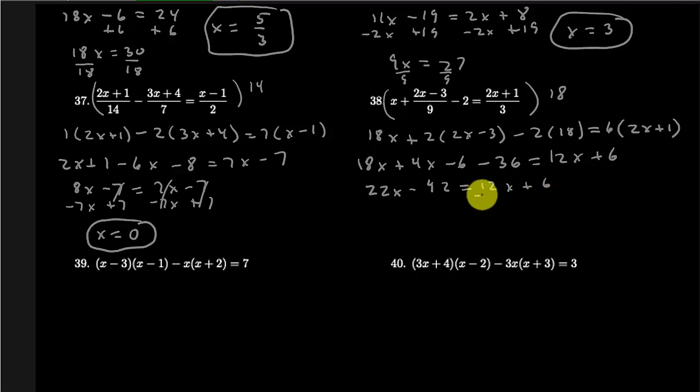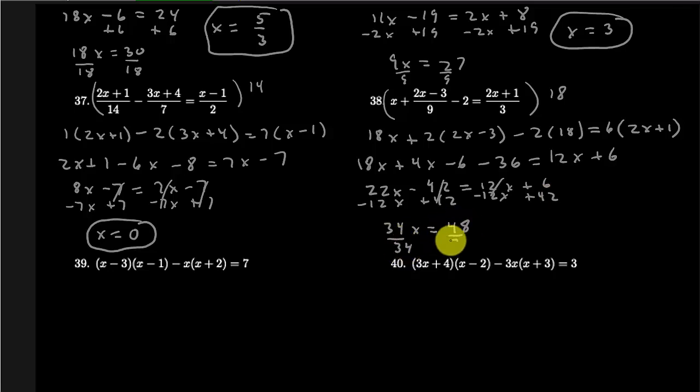All right, so let's subtract 12x from both sides. Let's add 42 to both sides. So the 42's go, the 12x's go. So that looks like that is going to be 34x is equal to, what is that, 48.